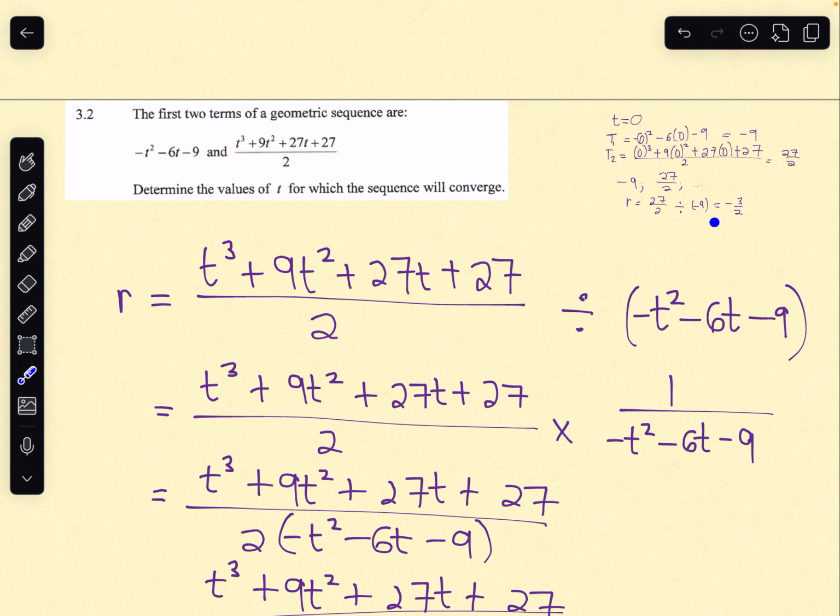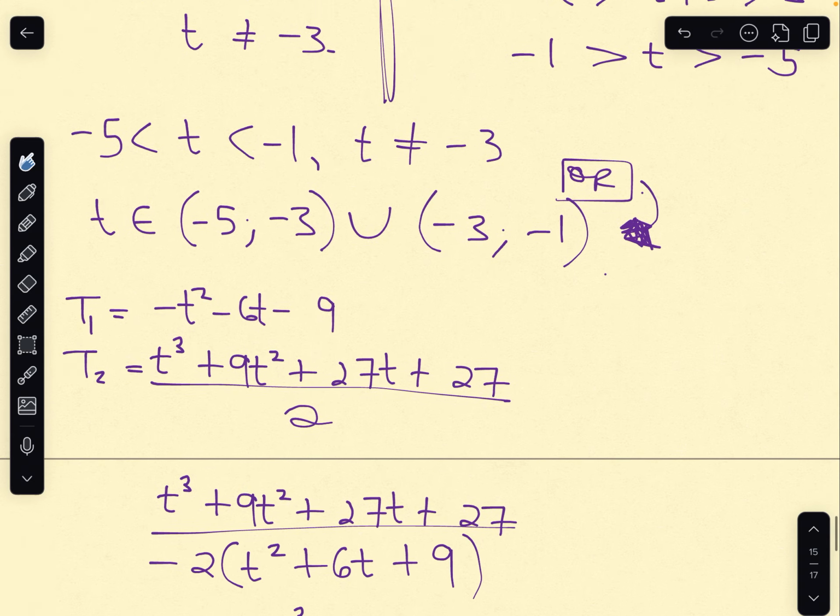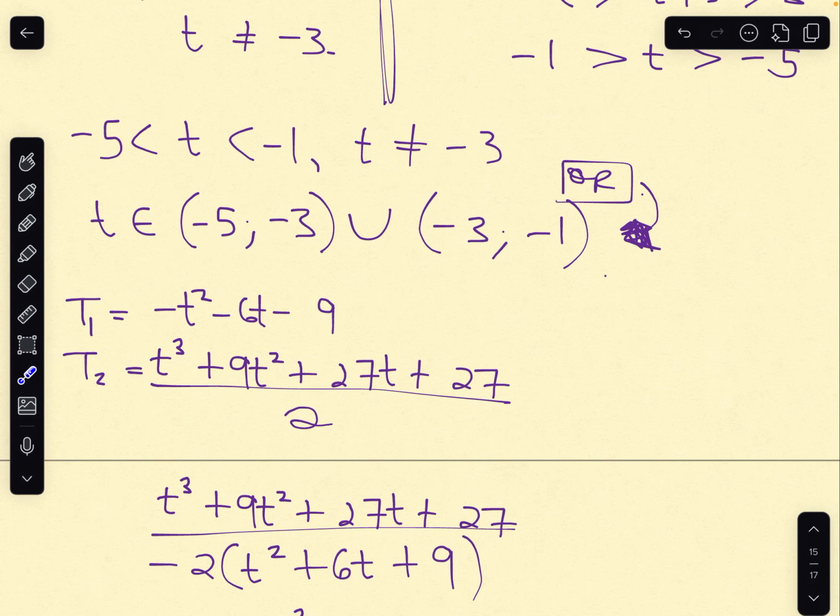Sorry, 0. The minus 1.5 was the r. The t that wouldn't work is 0. And this answer kind of confirms that, because 0 doesn't fall in this set. That makes sense. When we checked 0, it didn't give us an r that would make the sequence converge. Anyway, so let's try minus 2.